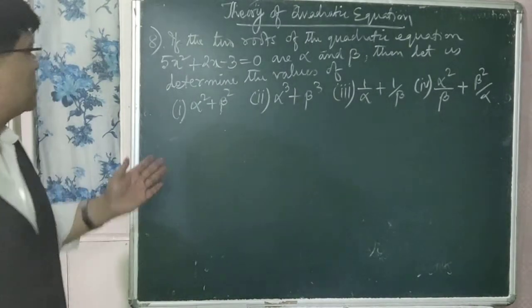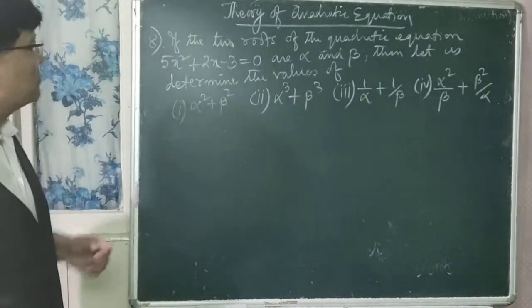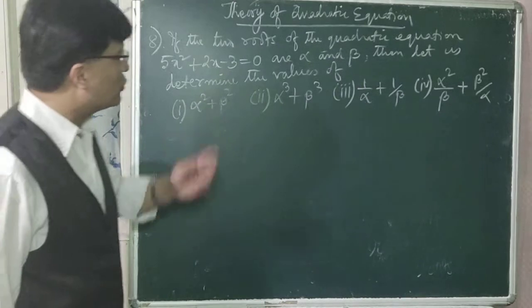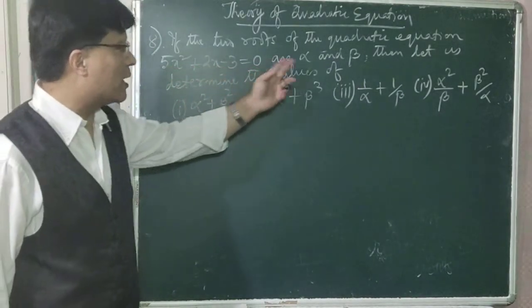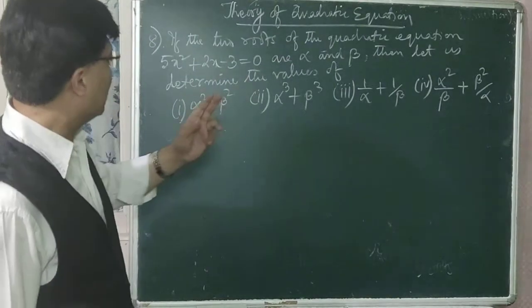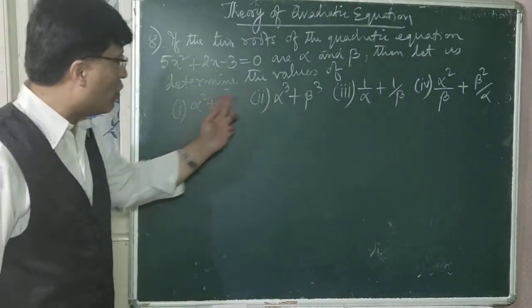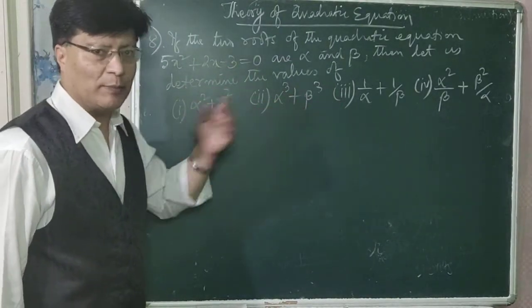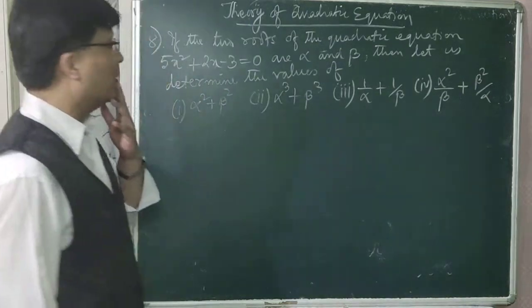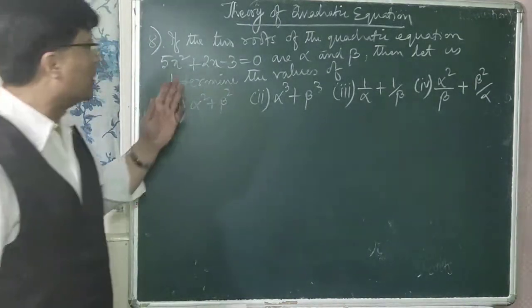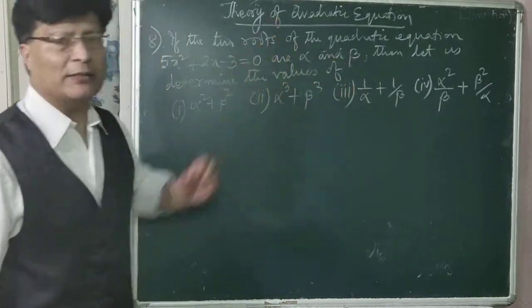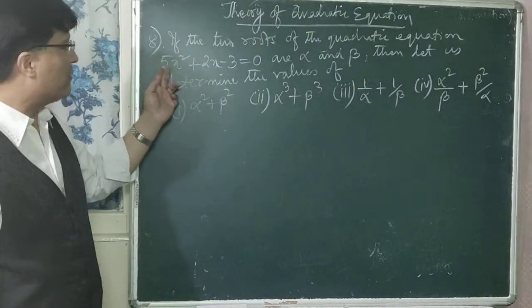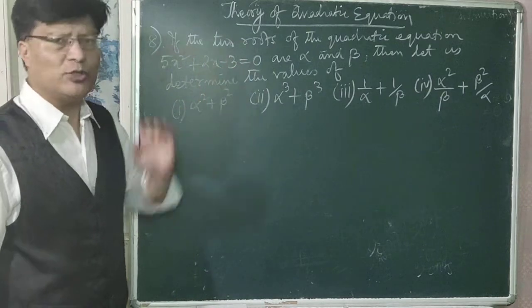So now let us do this problem. The problem says that if the two roots of the quadratic equation 5x square plus 2x minus 3 is equal to 0 are alpha and beta, then let us determine the values of all these expressions. So number 1, number 2, number 3 and number 4, right? In this case, alpha and beta are the roots of the quadratic equation 5x square plus 2x minus 3 is equal to 0.